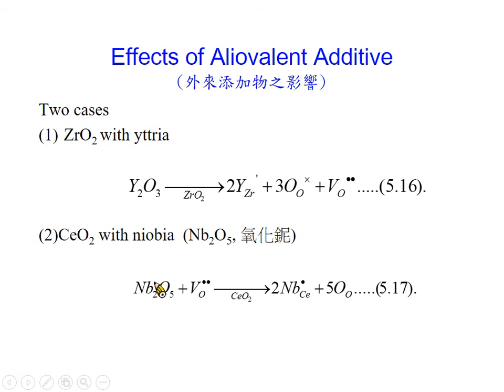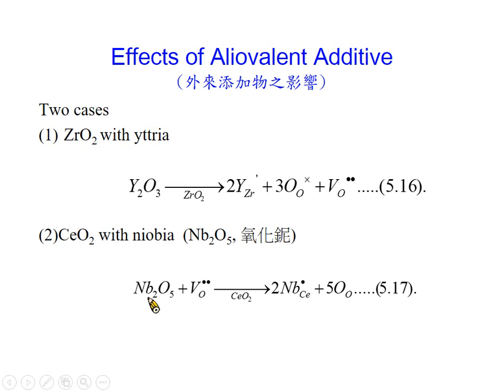The niobium with 5 plus, when it occupies the ceria site, we have one positive charge. If you have 2 niobium on the left, you have 2 over here. However, when we have a 2 positive charge on the right, we have something on the left. So we have 1 oxygen vacancy with a 2 positive charge.